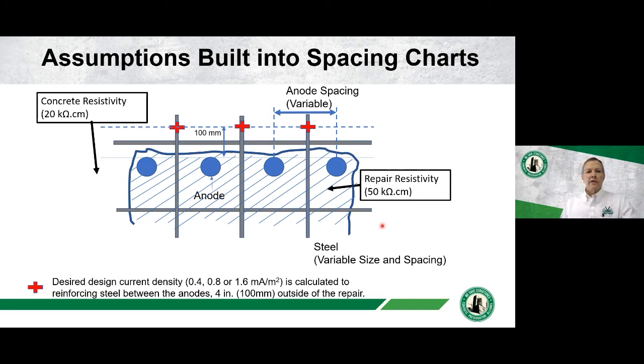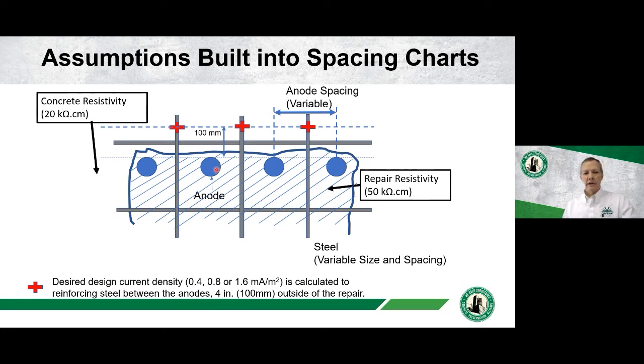So first of all, if you look at the red X's in this diagram up here and the little note down here, one of the assumptions that's built into the spacing chart is that the desired design current density, whether it's 0.4 or 0.8 or 1.6 milliamps per square meter, is calculated as the current density at the reinforcing steel halfway between the anodes and 4 inches or 100 millimeters outside of the repair.